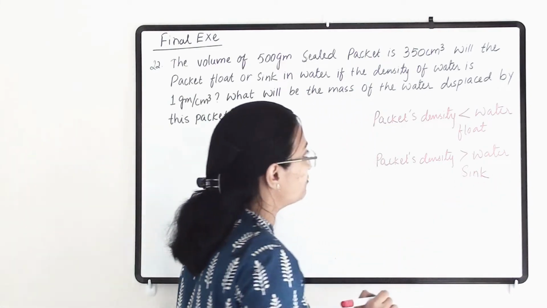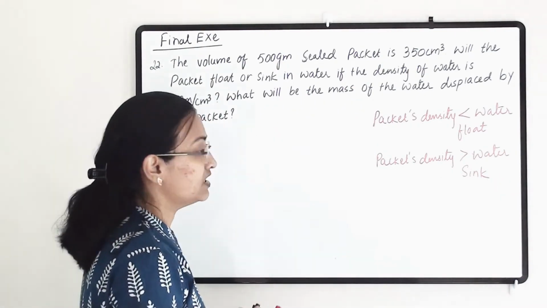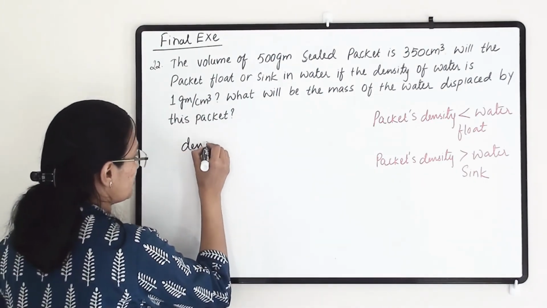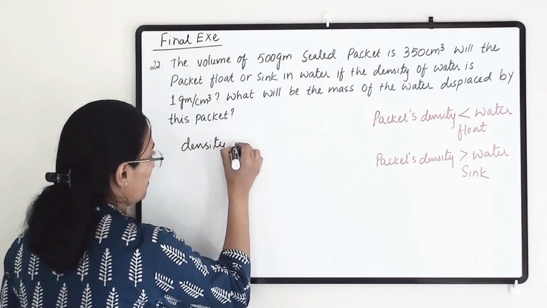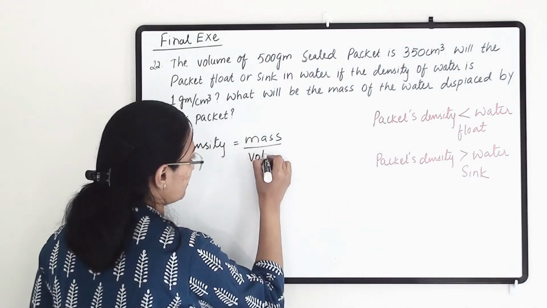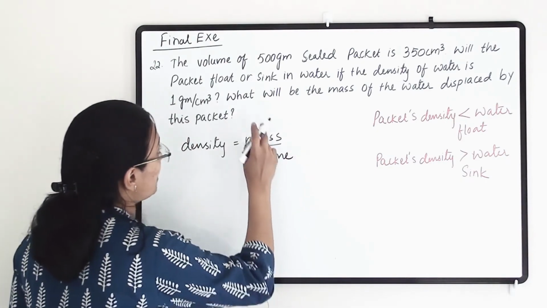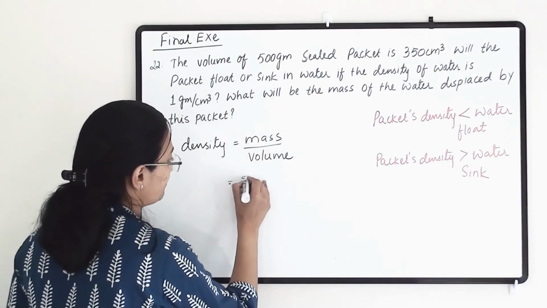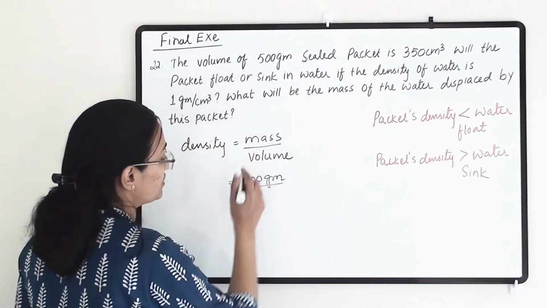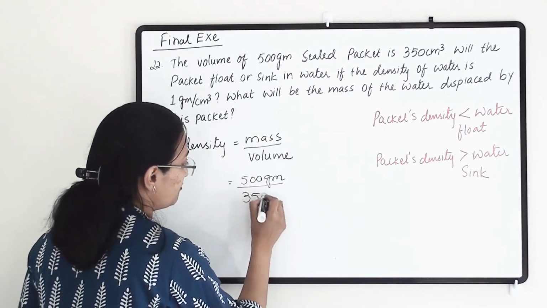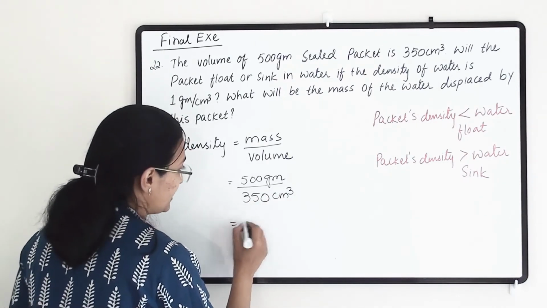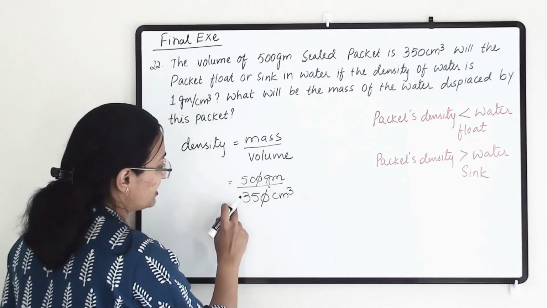So first we have to find out the packet's density. Now what is the density formula? Density equals mass divided by volume. So what is the mass here? That is 500 gram, divided by volume, which has been given to us as 350 centimeter cube. So we will get here 50 divided by 35.